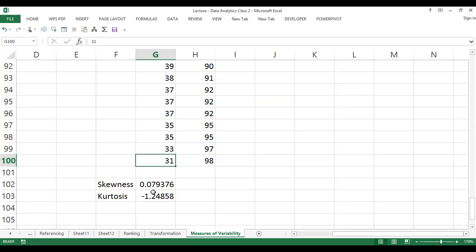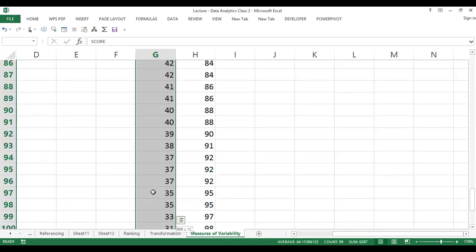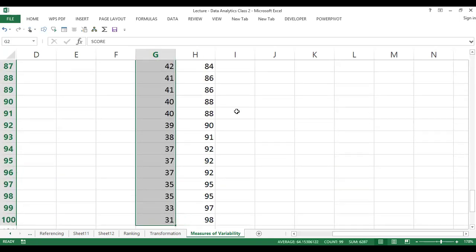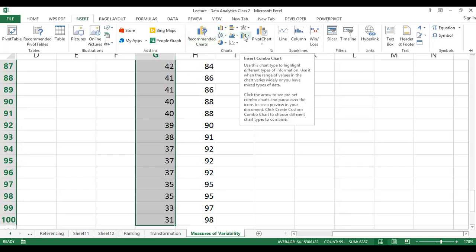Do you think it's high or low? You said something in your explanation. You said when the tail is low, it will be high kurtosis.